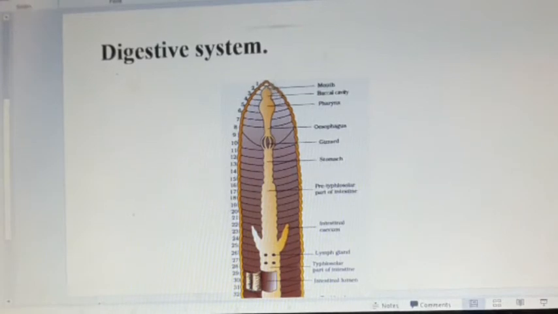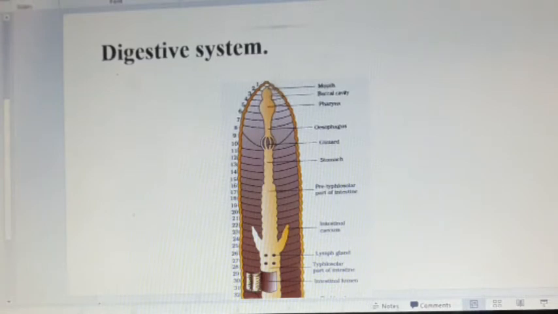The esophagus is narrow and tubular and frequently expands to form a stomach, crop, or gizzard. The latter two are common in terrestrial species. A crop is a thin-walled storage structure and a gizzard is a muscular, cuticle-lined grinding structure.